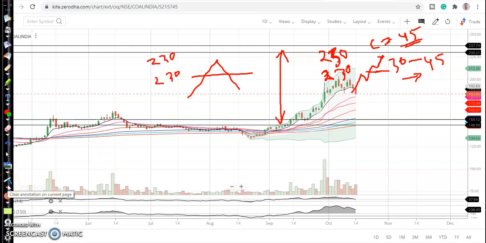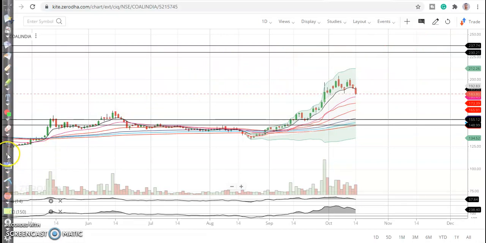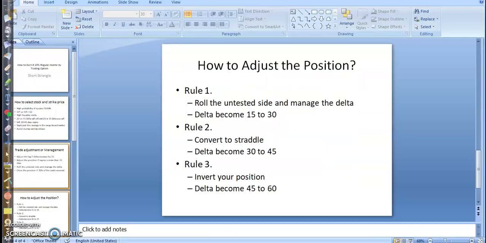When we are doing this adjustment, when call delta becomes 45, first at 30 we adjust our position, again price goes up, it becomes 45 delta, we convert to a straddle. Next adjustment, that is called invert your position, when delta becomes 45 to 60.